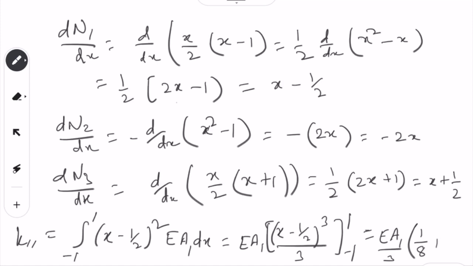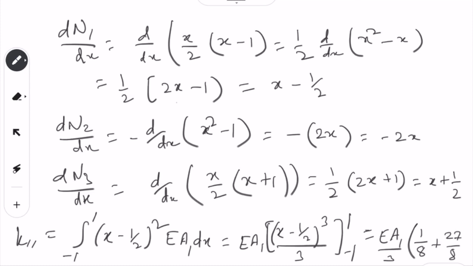So this becomes 1 over 8, plus, at -1 you get minus 1 minus 1 over 2, so minus 3 over 2, cubed, so you get plus 27 divided by 8.